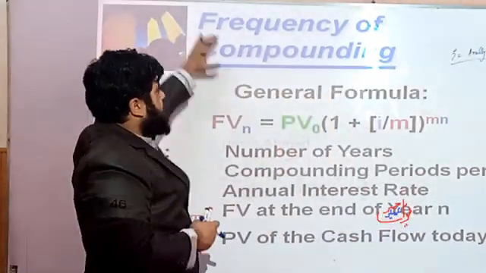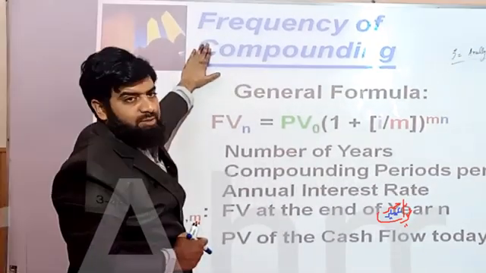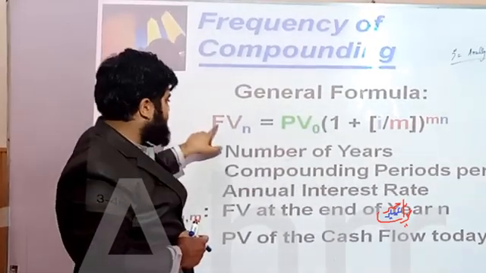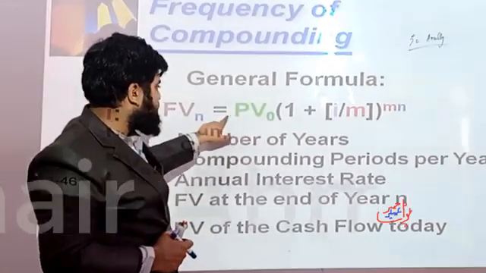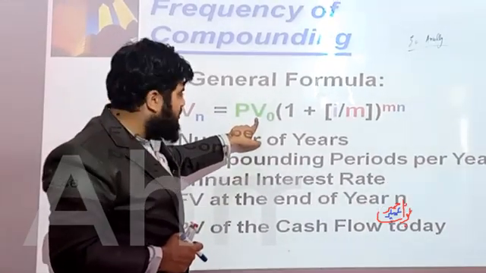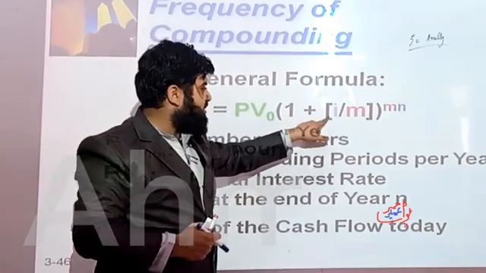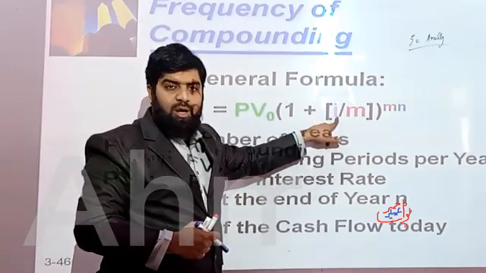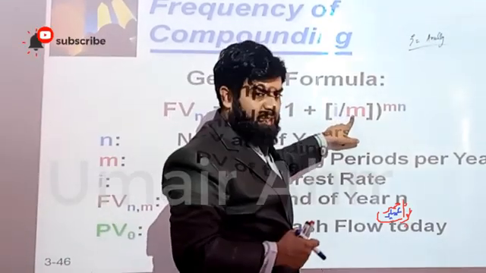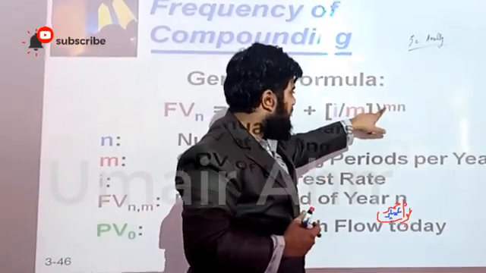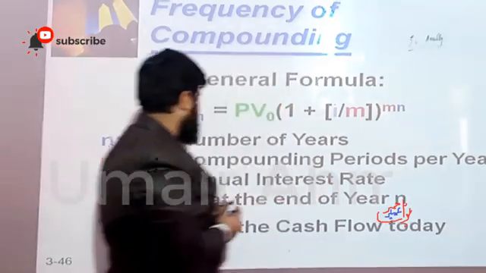So we have the frequency of compounding, and the general formula is: future value after n years is equal to present value times (1 plus i over m) to the power m multiplied by n.